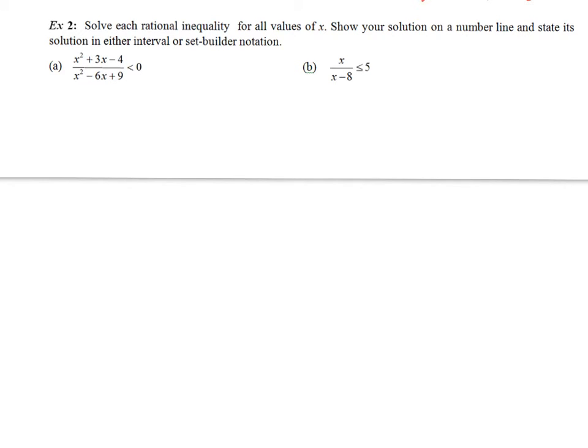Let's try exercise 2A, which looks a little bit more complicated, but I see that it says less than 0. So less than 0, of course, means that I am looking for a negative value for my rational expression. So my first step is to factor my numerator, factor my denominator, and find where each, the numerator and the denominator, are equal to 0.